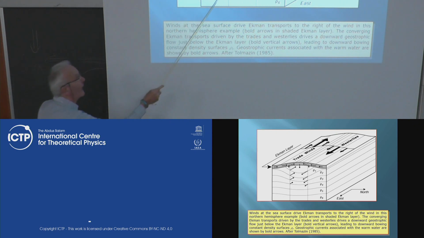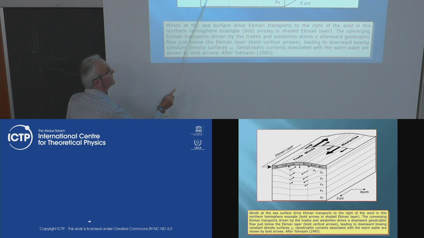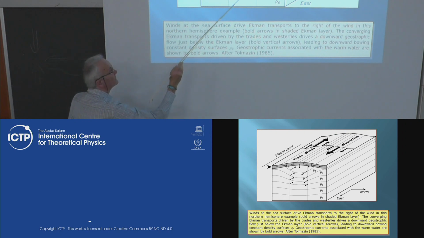The deformation of the isopycnals is of the order of hundreds of meters. Once the deformation of the interfaces is created, there is also the creation of the vertical geostrophic shear, as we have seen before. The horizontal pressure gradient, which is formed due to the downwelling, creates the vertical shear, as you can see from here.